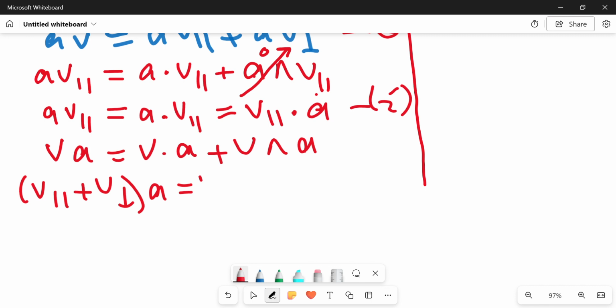V is equal to V parallel and V perpendicular to A. V parallel and V perpendicular.